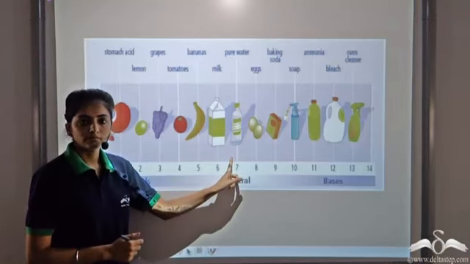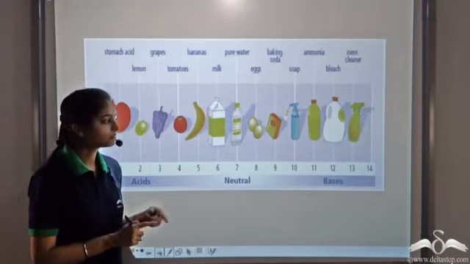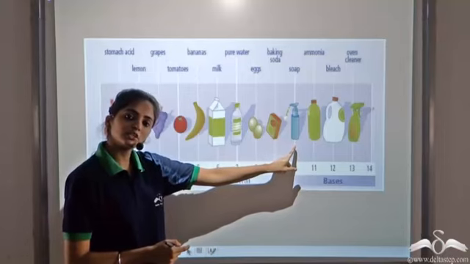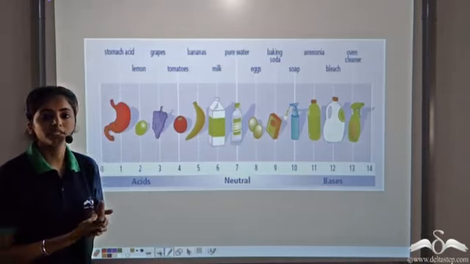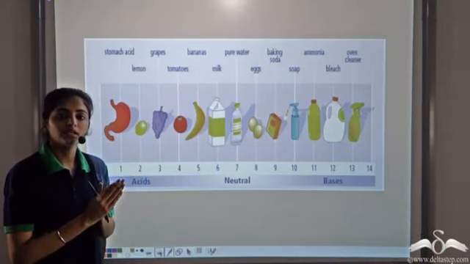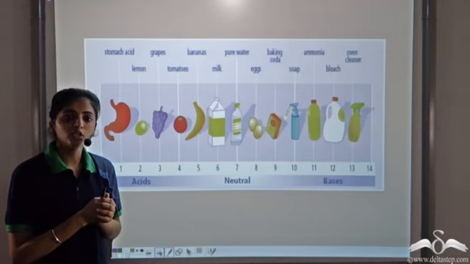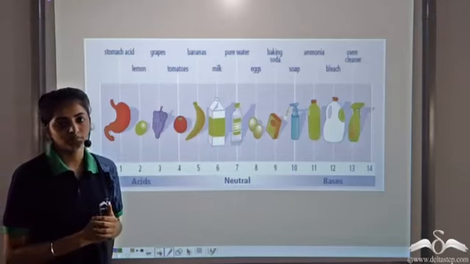Pure water has a pH of 7, that is, it is neutral in nature. Similarly, if you take soap, we know soaps are basic in nature, so they have a pH greater than 7. So the food substances, the different items, are either acidic or basic in nature. Depending on the value of the acidity or basicity, they can be placed in the pH table.